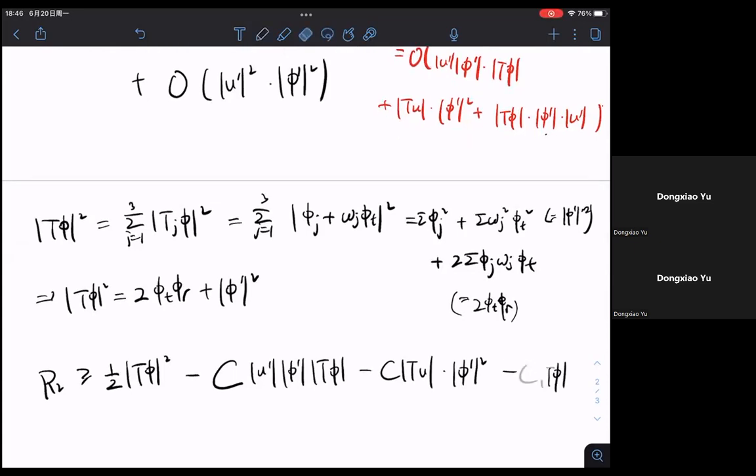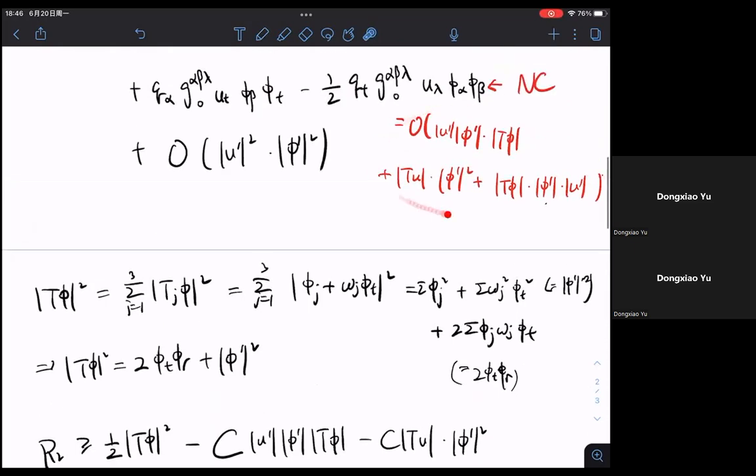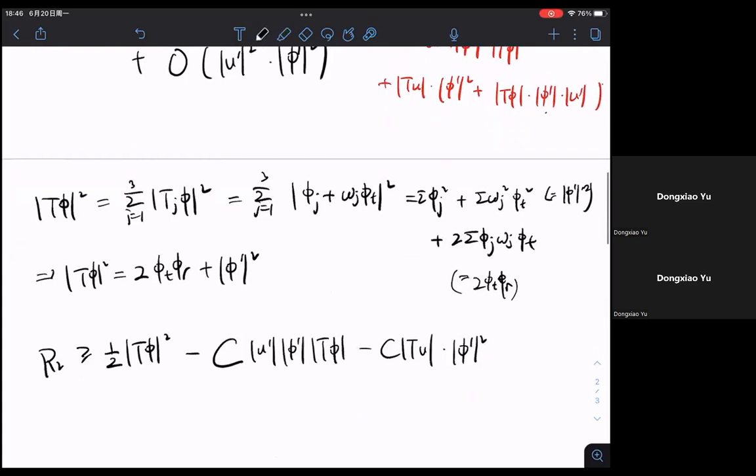That is absorbed by these terms here. So I only have two terms if I consider this big O here. I also have one more term, that is C U prime square V prime square.